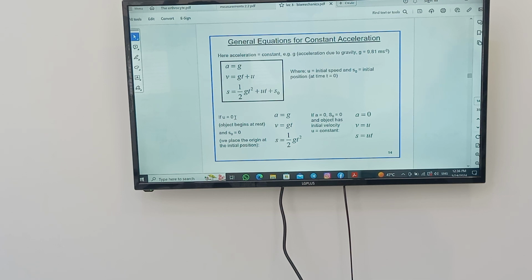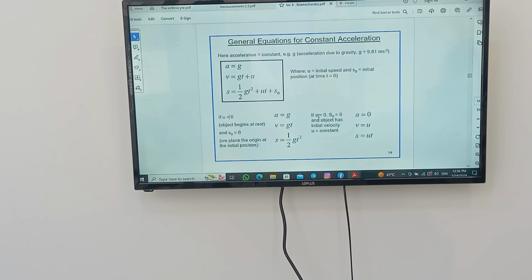So if u equals 0, the object is at rest, and if s equals 0, it is in its initial position. Then acceleration equals gravity, velocity equals gravity multiplied by time, and position equals one half multiplied by gravity multiplied by time squared. Okay? So if we have these conditions, then we can apply this.